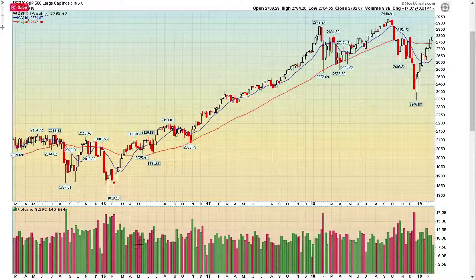Each one of these bars is a week's worth of trading, and this covers the span of 1, 2, 3, 4 years. The market rallied for about 2 years. And then since 2018 it's been consolidating, and right now we had this steep sell-off into the end of 2018 and then a recovery.